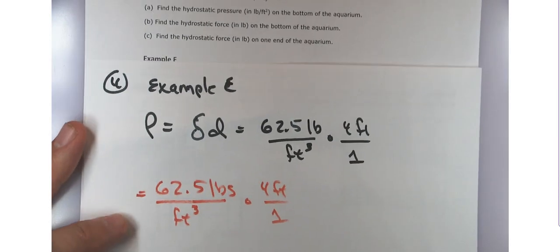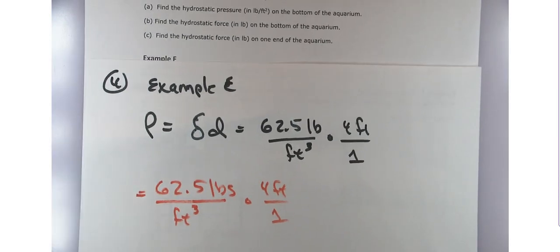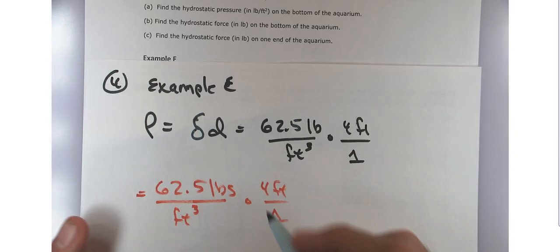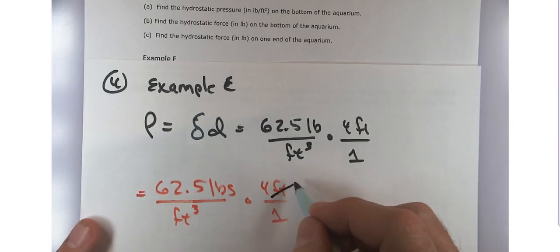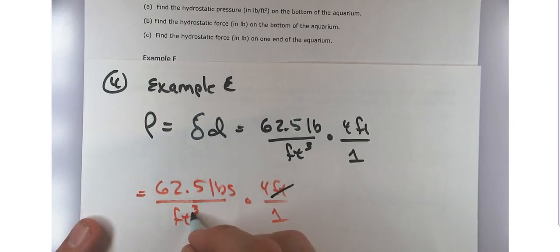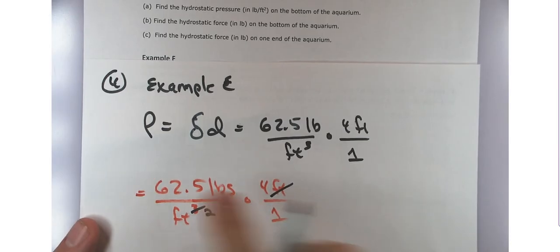I put the 1 out of convenience. But what I want you to see is this. I've got a unit of feet here that can cancel out with one of them here. How many feet units am I left with here? 2. And 4 times that's going to be 250.